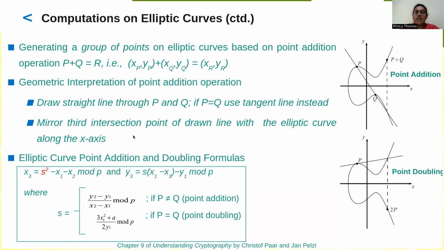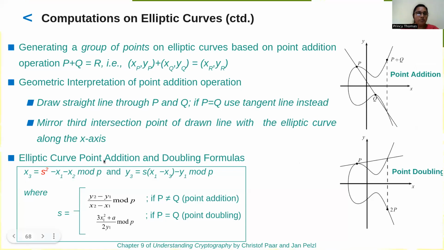But we can't do this in our computer systems. We need calculations. So now we are using the line equation and finding using the slope. Line is y is equal to mx plus c, where m is the slope. Using that equation, we can find the third point.